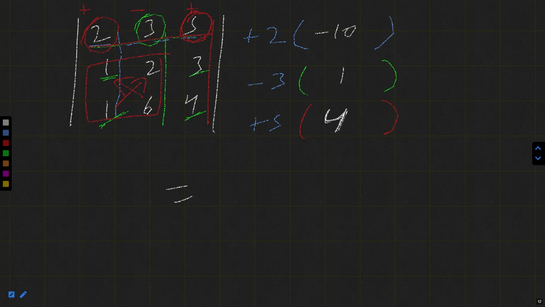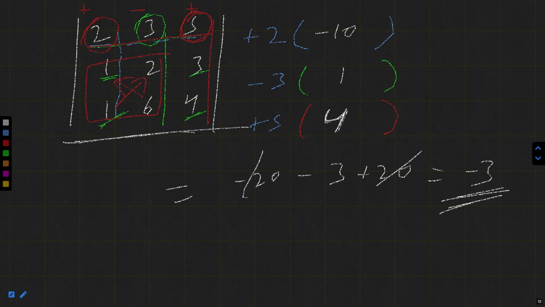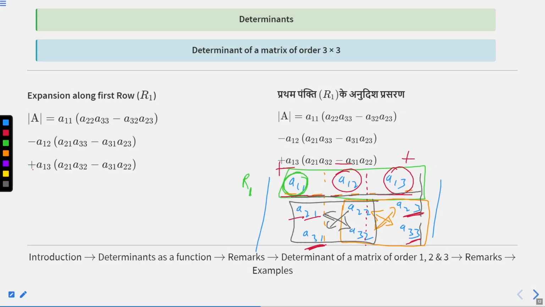Now this will be minus 20, this will be minus 3 and it will be 20. This and this will be cancelled, you will only be left with minus 3, so the determinant for this will be just minus 3. I hope that from these two examples you can get what is happening, how we define and how we are going to evaluate our determinant.